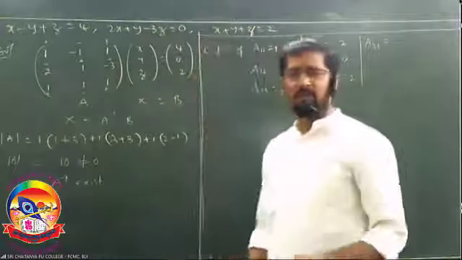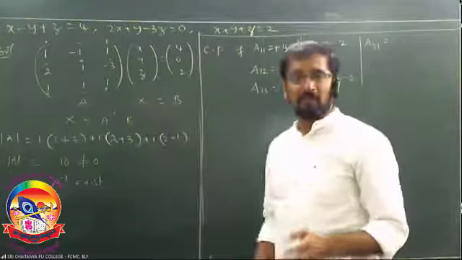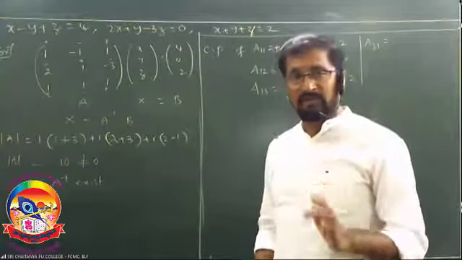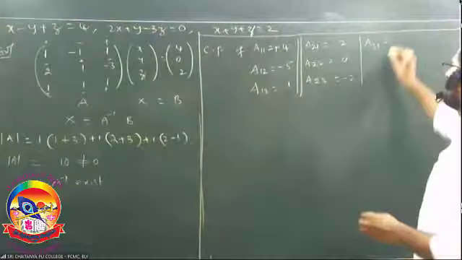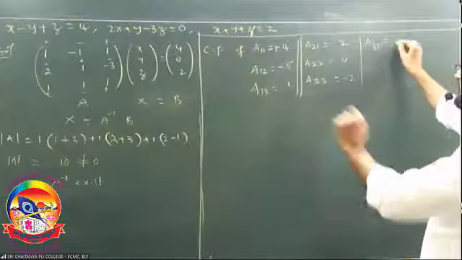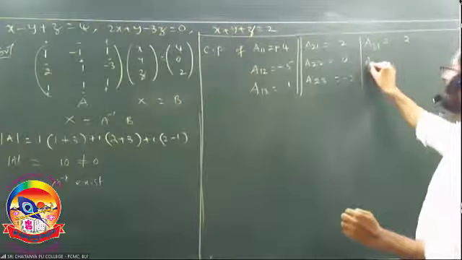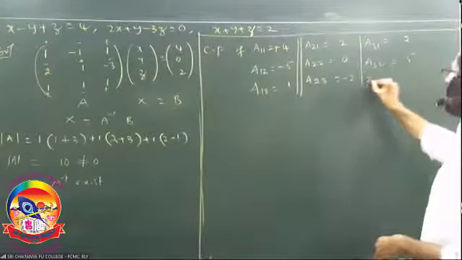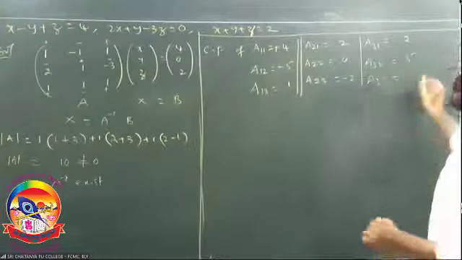I hope you understood why, because we have done these cofactors in your exercises 4.5 and 4.4. Now the cofactor of that element becomes 2, A32 equals 5, and A33 equals 3.